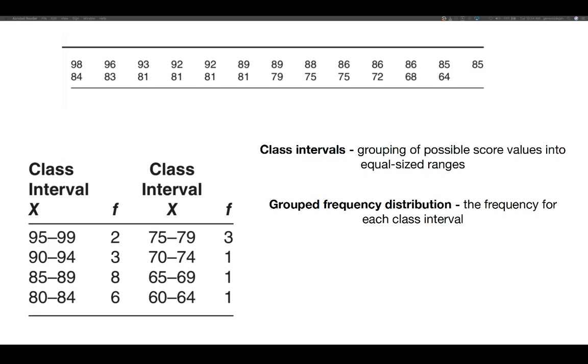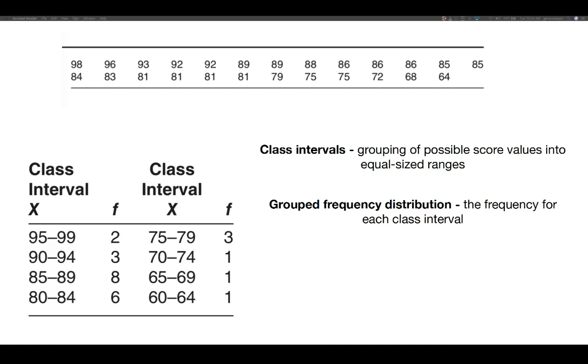So, in particular, any height above 79.5 centimeters would be rounded off to 80 centimeters and included in the interval of 80 to 84. And similarly, any height below 84.5 centimeters would be rounded to 84 and also could be included in the interval of 80 to 84.